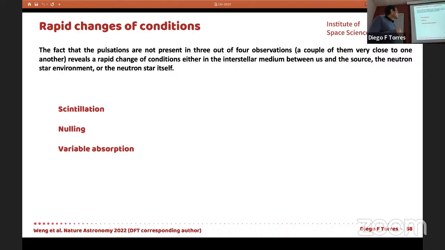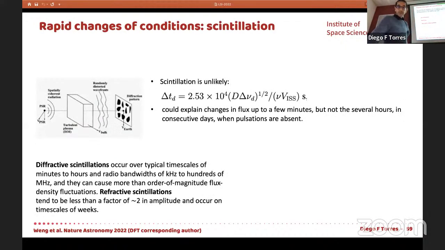Maybe scintillation, maybe nulling, or variable absorption. We considered the three of them. Scintillation is unlikely, because the time scale on which this happens would explain the disappearance of the flux for just a few minutes, but we observe for 2 to 2.5 hours each time on four separate days, so you do not expect this to be there.